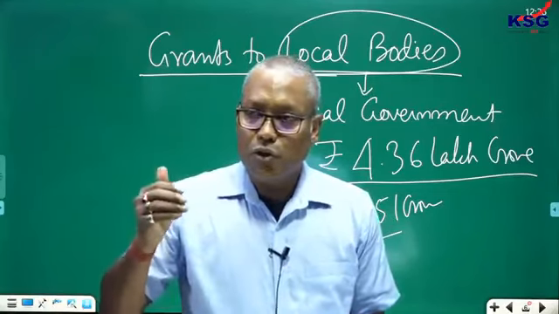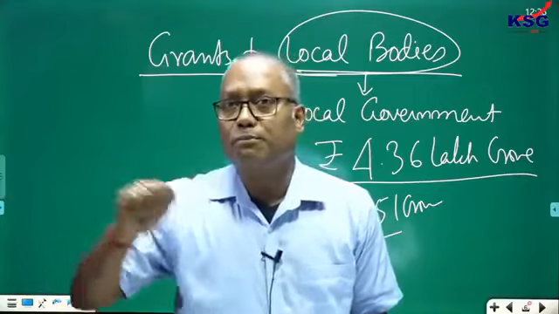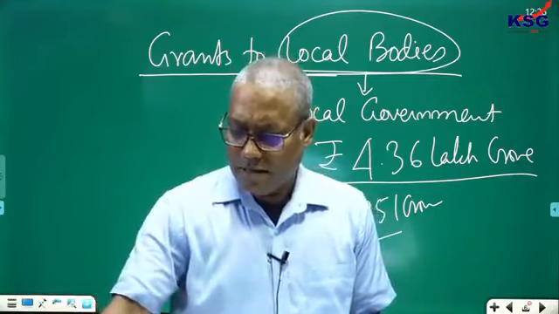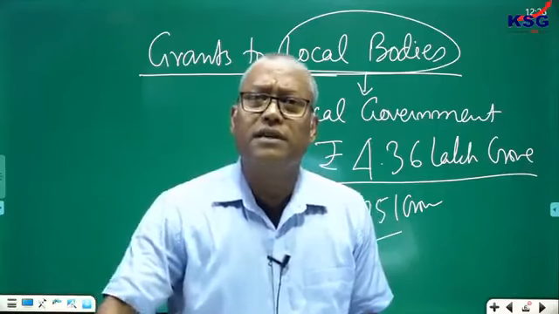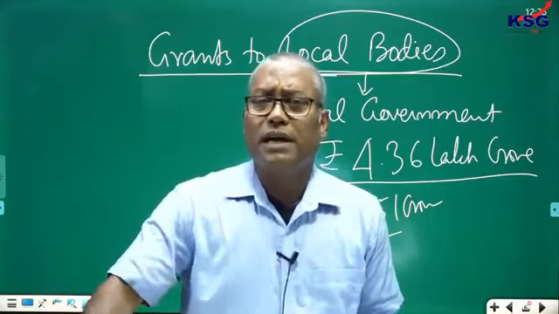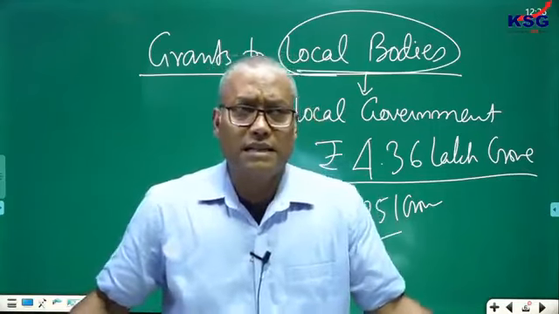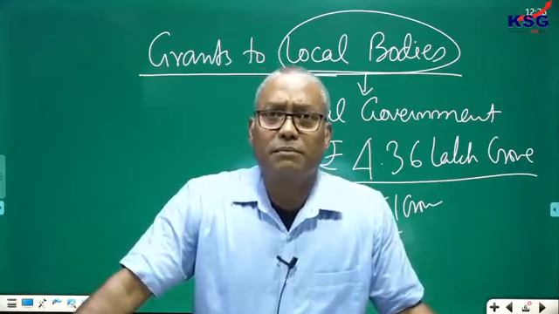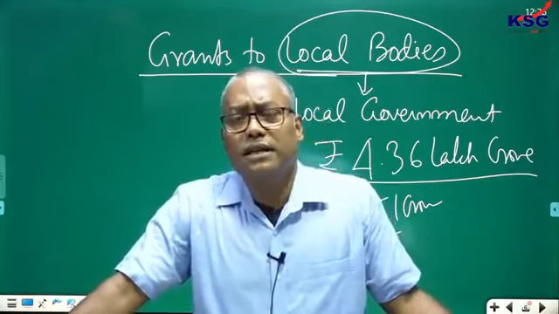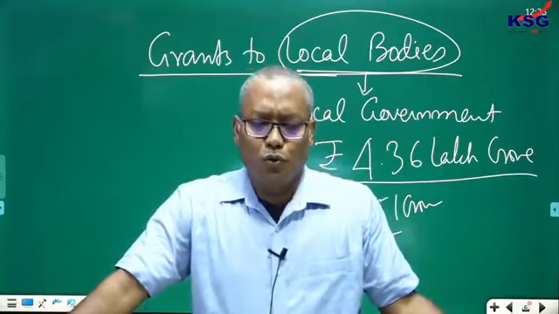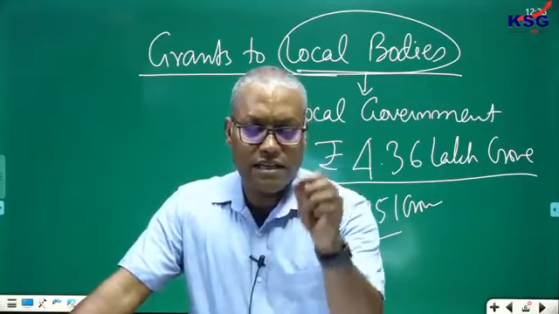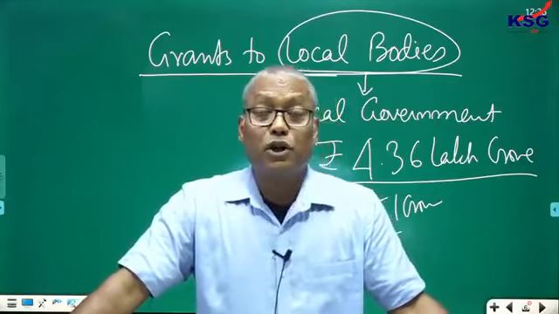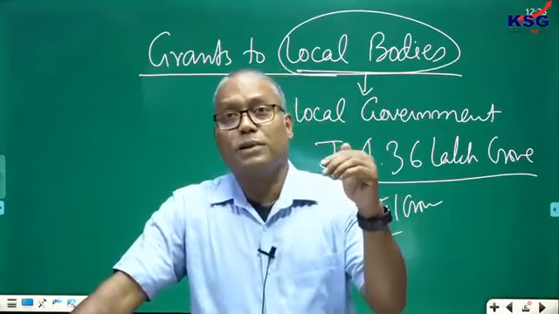Yes, you have to fix a minimum property tax rate. You know so many states have very bad conditions. Even for years and years the public is not paying the property tax, and the government hardly takes very strict action against them, because again the same thing, political advantage. So what the Finance Commission is saying is that yes, you can avail these grants, but you have to fix the minimum property tax.